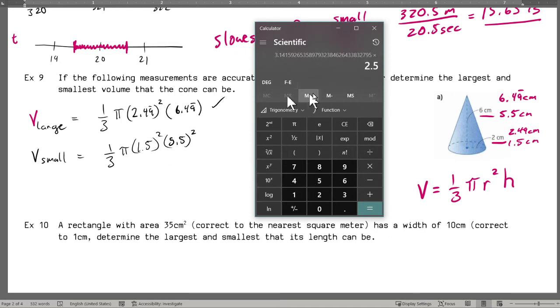Then I got to square it, but since I've got a funny calculator, if I hit the square button now, I think it'll give me a funny answer. So I'm just going to multiply it by another 2.5, so that's squared. And then I'll multiply it by a 6.5. And then I'll take the whole thing and I'll divide it by 3, giving me 42.54 is my largest volume.